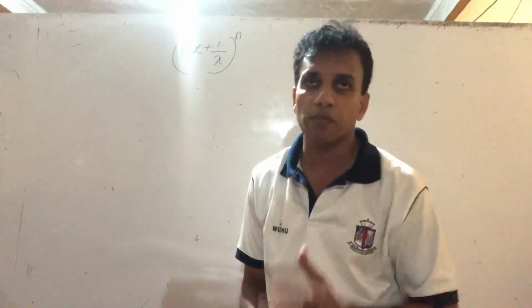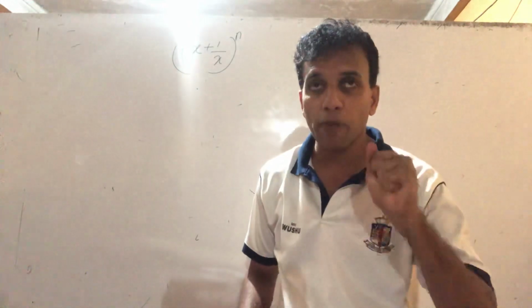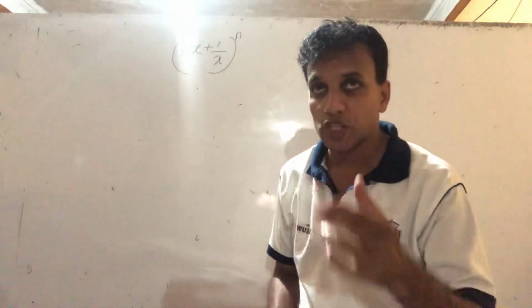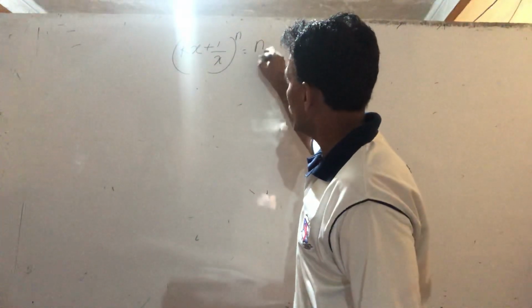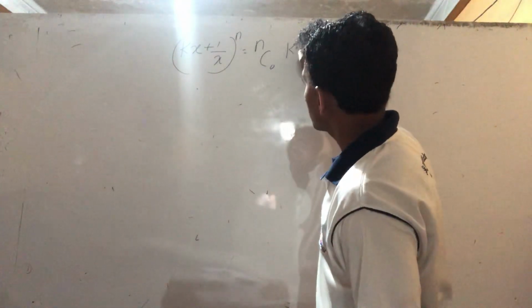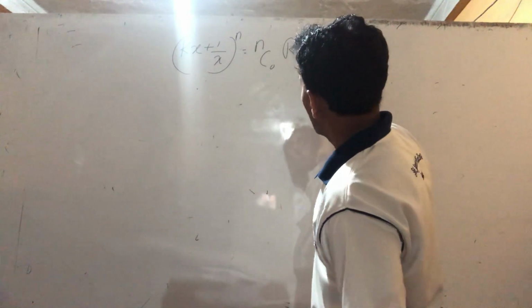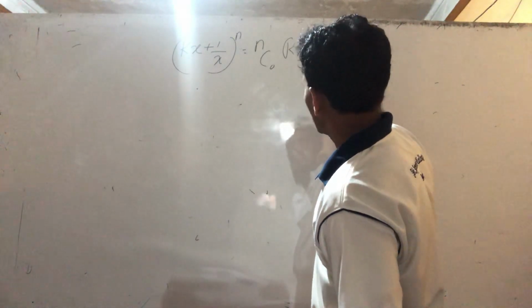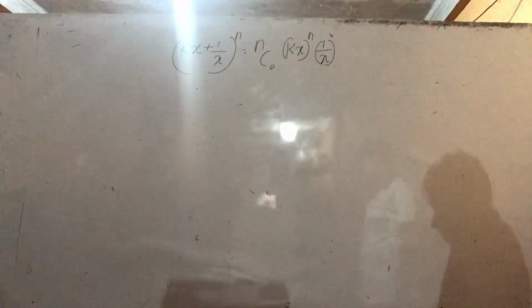That's the scheme in marking. We are doing this: write a couple of terms and show the general form of this pattern, how this binomial expansion goes. nC0 (kx) to the power n minus 0 into (1/x) power 0. Okay, the first term is like that.